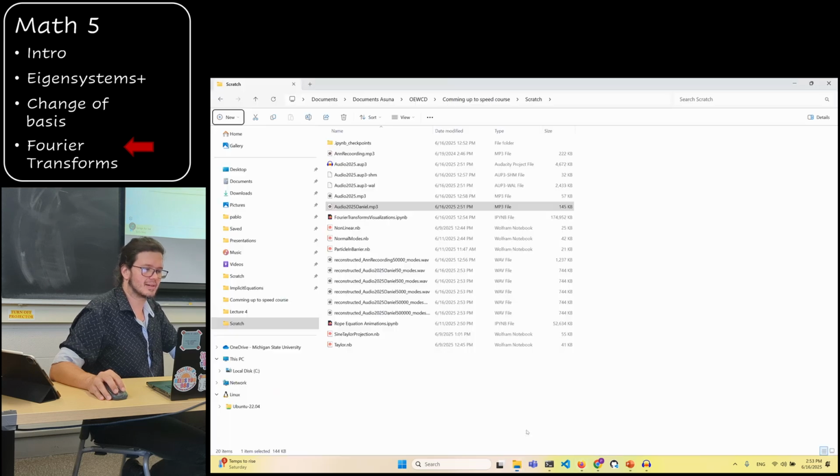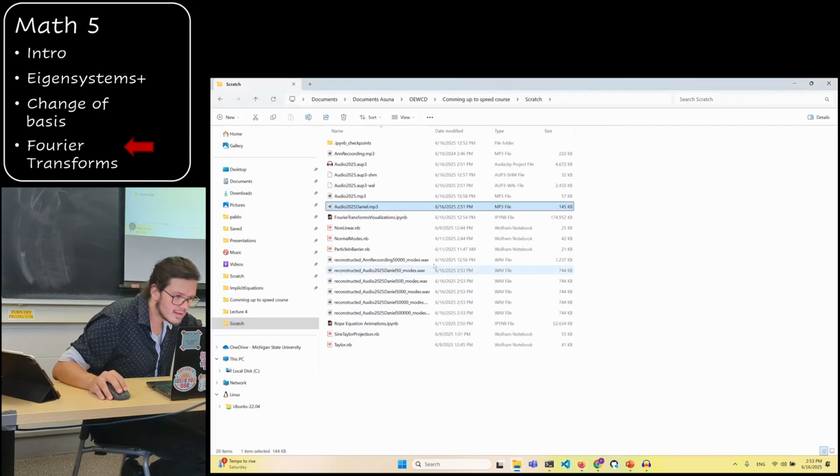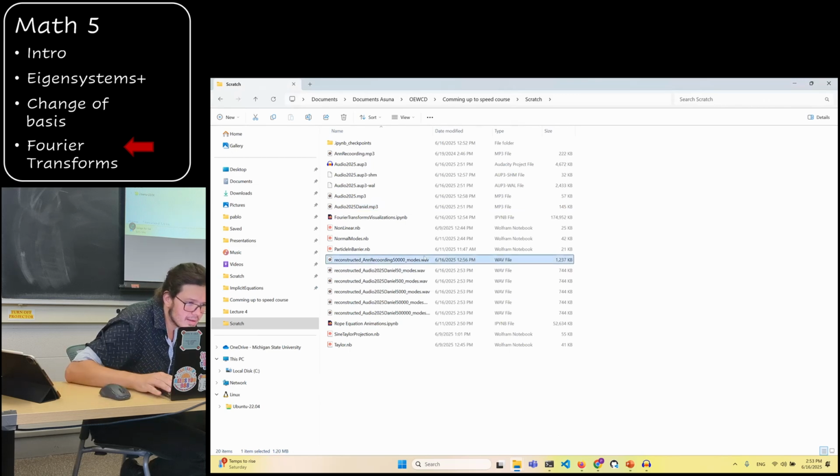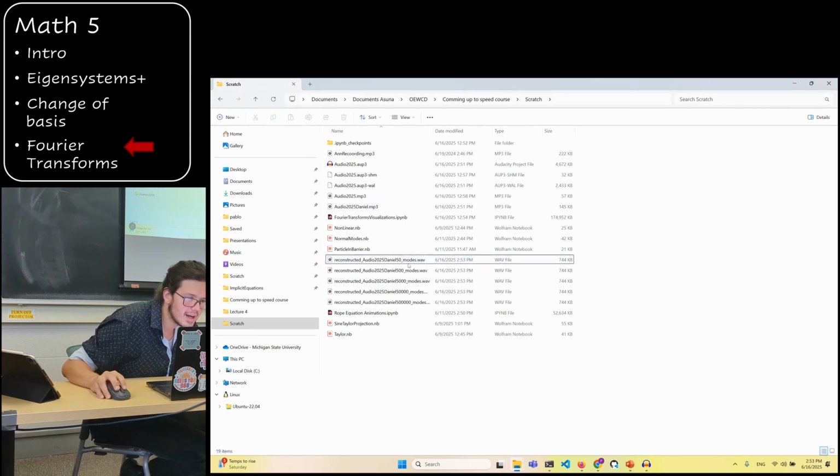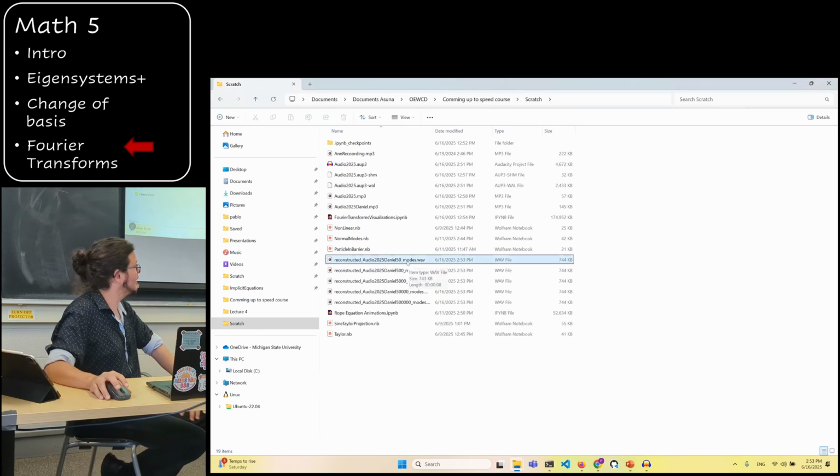So what do you think will happen if I reproduce the same file but with fewer modes? What do you think will happen? Partial words?